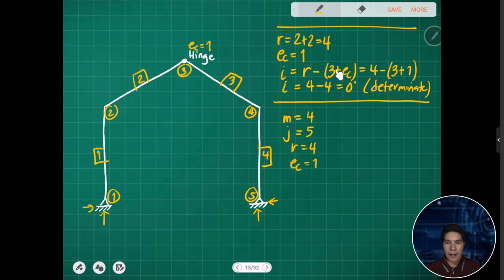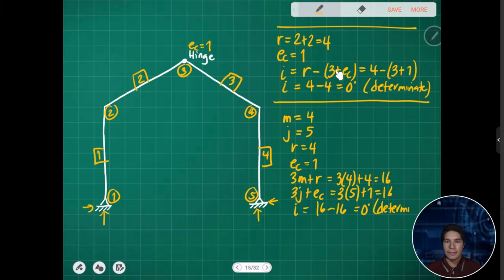AC, we have 1. So 3m plus r and 3j plus EC. We get 3 times 4 plus 4, so 12 plus 4, that is 16. And then we have 3 times 5 plus 1, so we get 16. So I is 16 minus 16, so we have 0. It's determinate. So it means that the structure is determinate externally and internally.